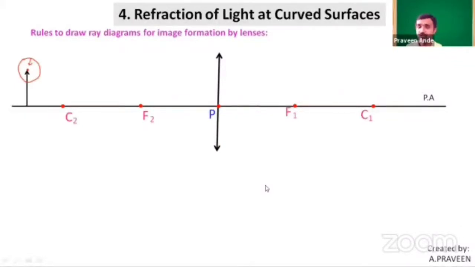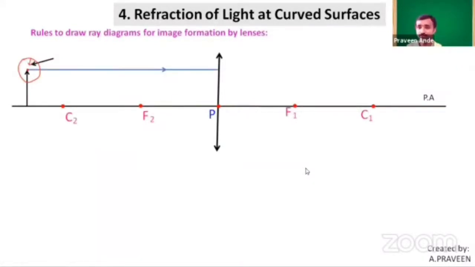One is parallel to the principal axis, one is passing through the optic center, one is along the principal axis, and the other is passing through the focal point. Okay, so they are the 4 situations. Any 2 you have to choose which are possible. So always we select only 2 rays. Here, one is parallel to the principal axis.